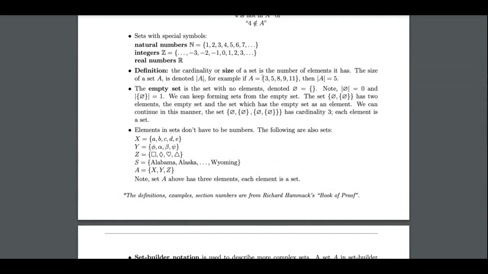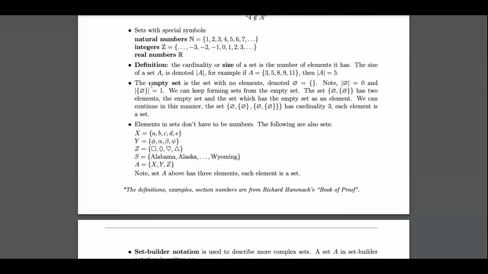If it's a finite set, we can always tell its size. We put a vertical bar around the set to indicate the size, meaning how many elements we have in the set. A very important idea is the empty set. The empty set is in every set.